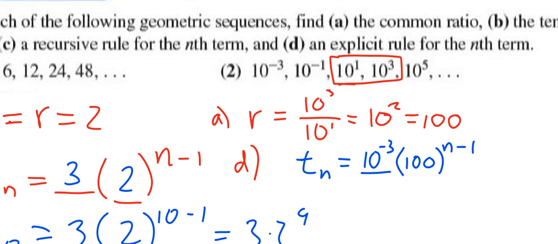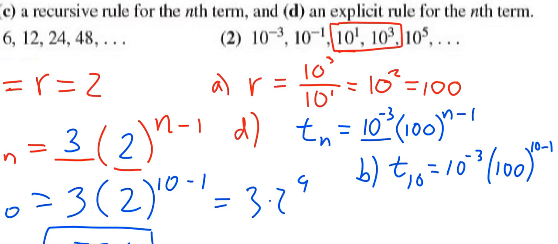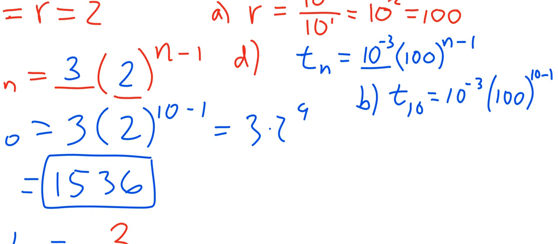Okay, then they wanted the 10th term. So the 10th term, it probably would have been easier if we'd have left that 10 squared, because then we would have had 10 squared to the 9th.